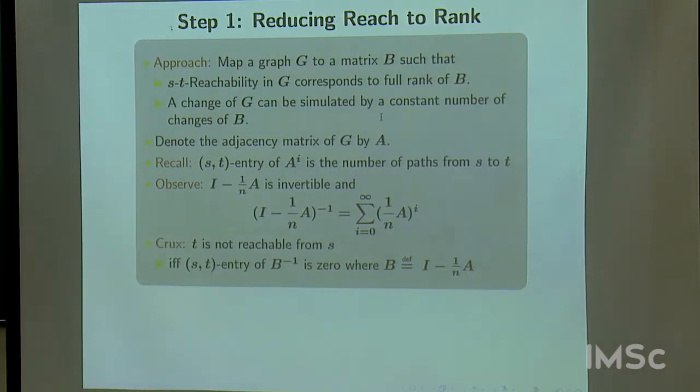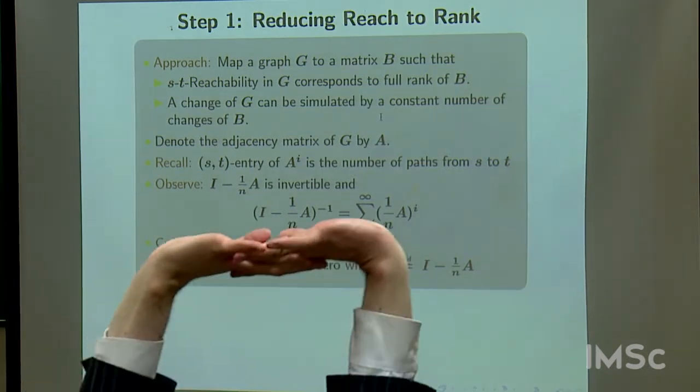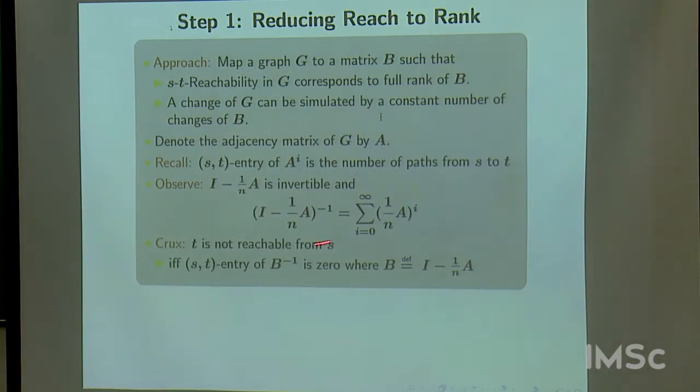Now let us see what this has to do with reachability. Notice T is not reachable from S if and only if the (S,T)th entry of B inverse is 0. Why is that so? Because the (S,T)th entry of this inverse is 0 if and only if the (S,T)th entry of this sum is 0. And this sum's (S,T)th entry is 0 if all the entries are 0; all the entries are positive, nothing cancels out, and that's 0 if there is no path of any length inside G. Correct?